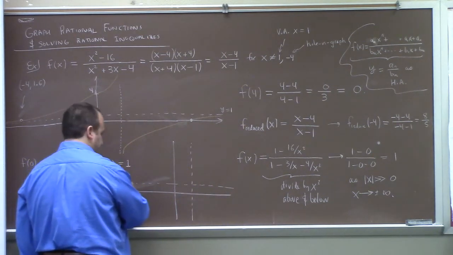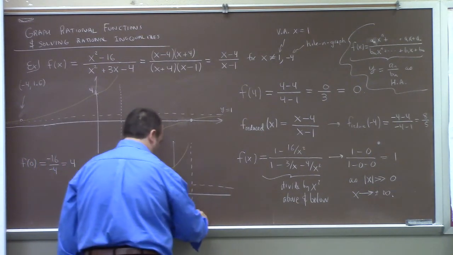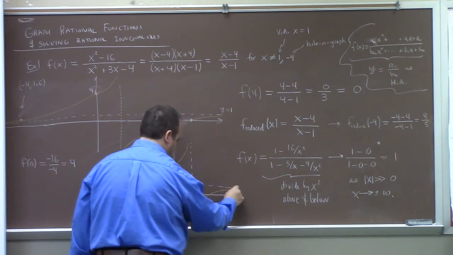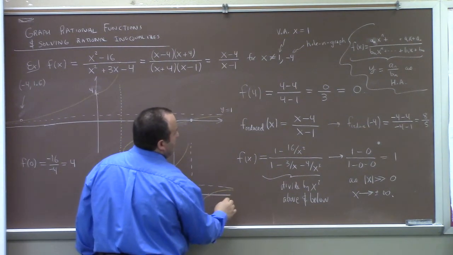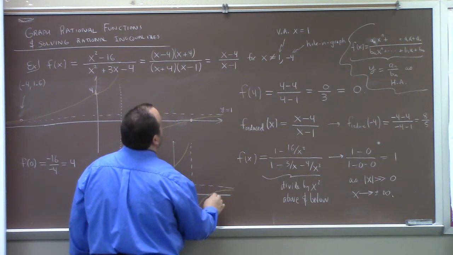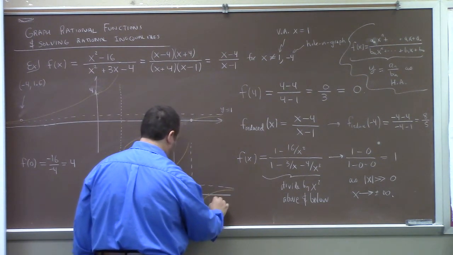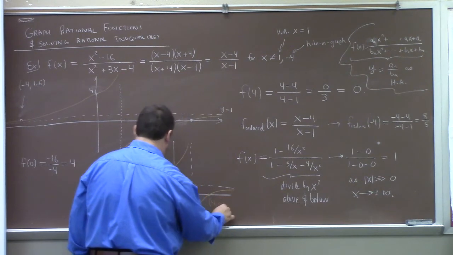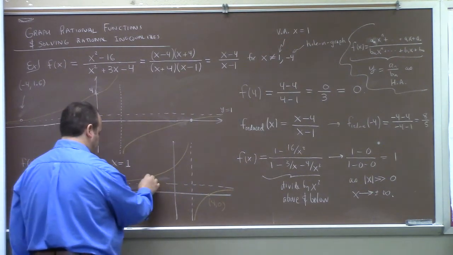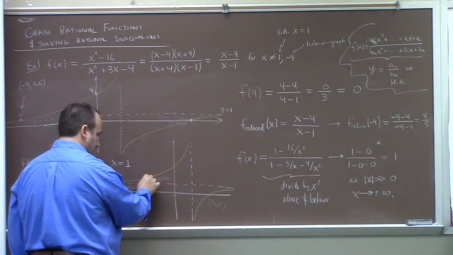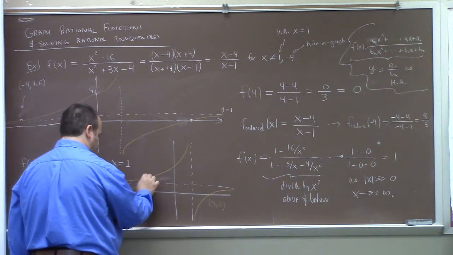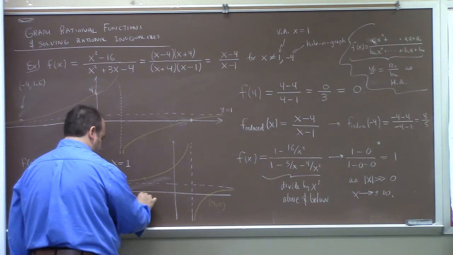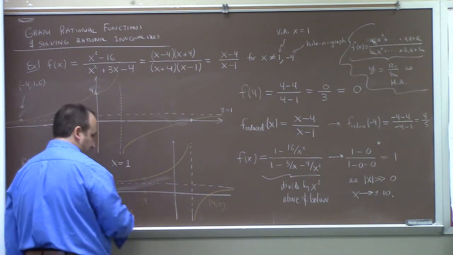So just rescaling the thing. Where was that? 4. And then there's a hole in the graph at -4. So there's a slightly better picture of this.